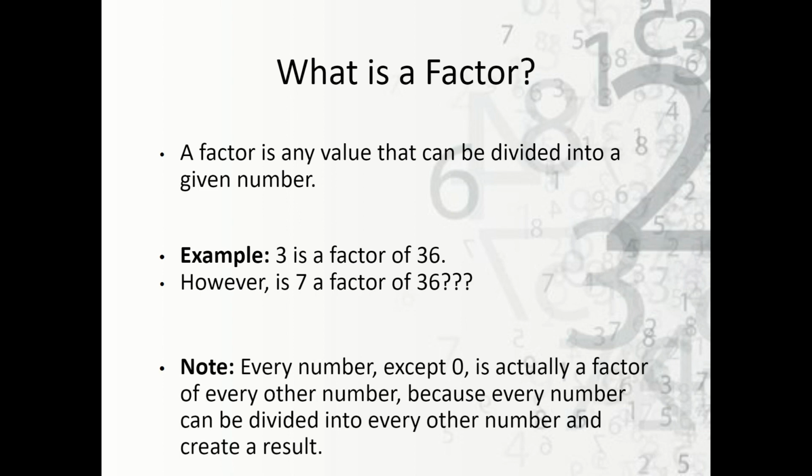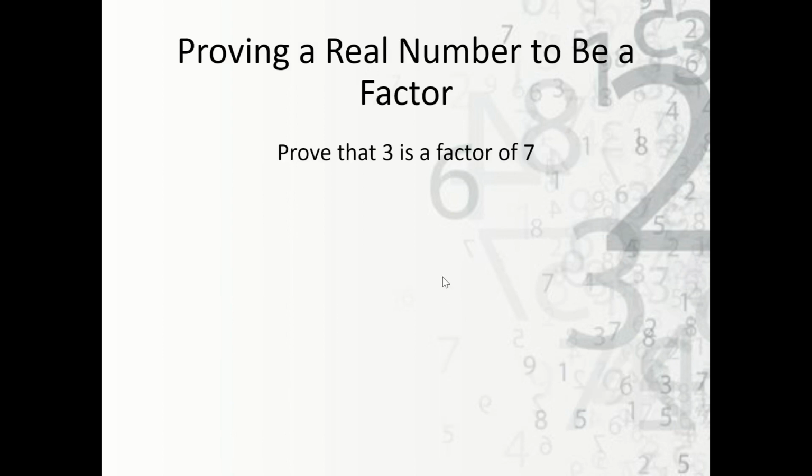Every number except 0 is actually a factor of every other number, because every number can be divided into every other number and create a result. For instance, I can multiply 7 times something to get 36. Now, it may not be an integer that I multiply it by, but I can multiply it by something and still get 36. So, can I prove that 3 is a factor of 7?